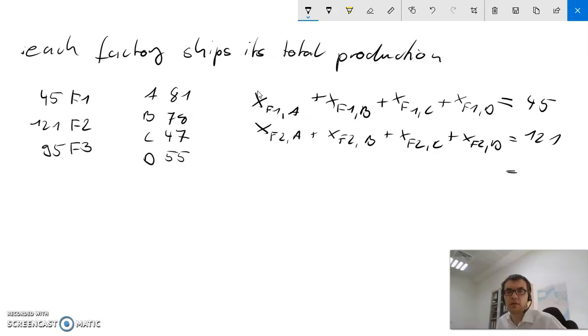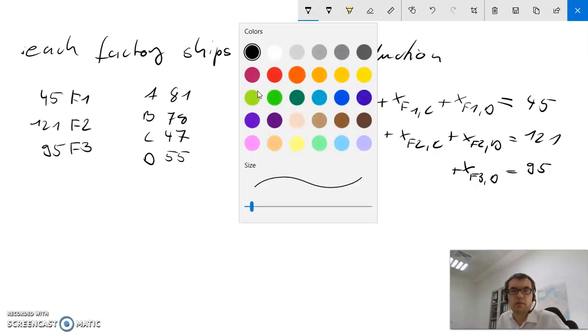And for F3 we produce 95 cases. So this is X F3 to A plus, just write it like this, F3 to D is 95.